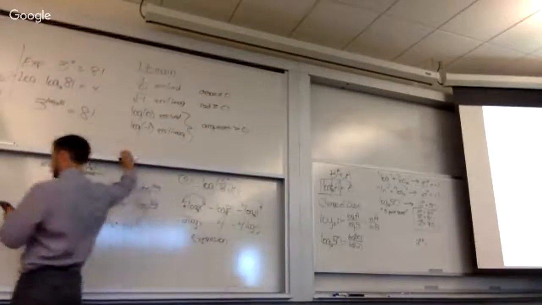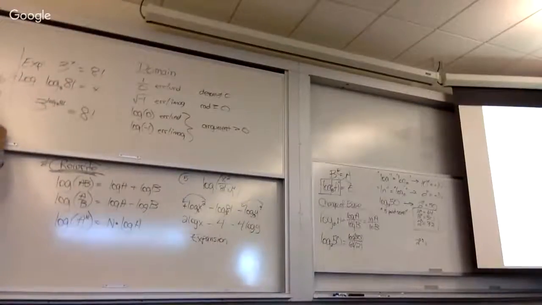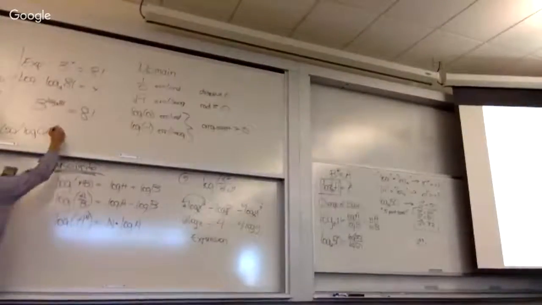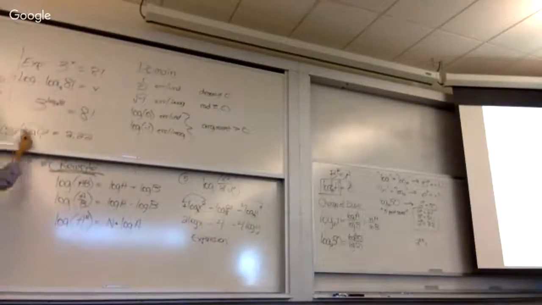So just to show what kind of calculator error you can get into, if you type log parenthesis 50 divided by log 2, and you don't close the parenthesis, it's going to give you the wrong answer of 2.22. But you'll notice I didn't close my parentheses. And if you don't close your parentheses, you'll get the wrong answer.